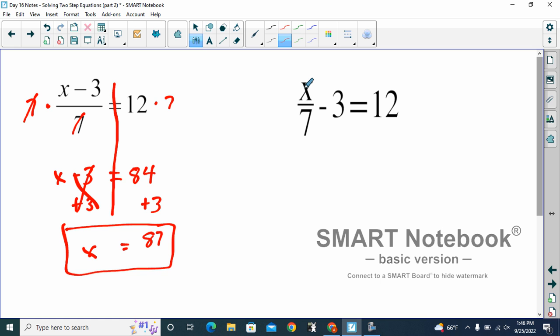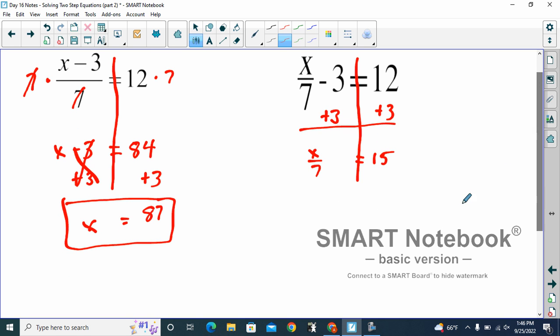This one, I have x divided by 7 and then minus 3. The first thing that needs undone is this minus 3. We undo minus 3 by adding 3. I get x divided by 7 equals 12 plus 3 is 15. Undo this division by multiplying.